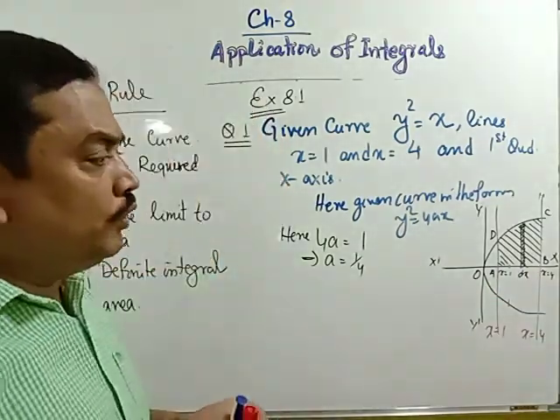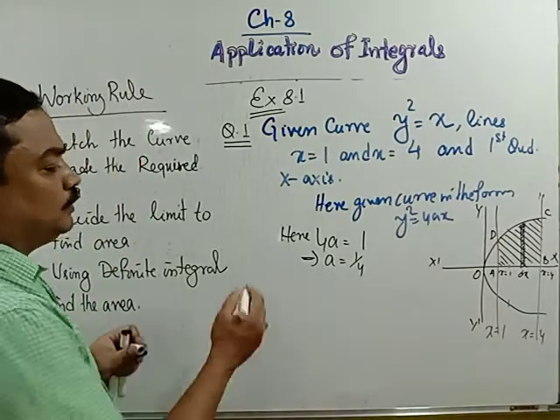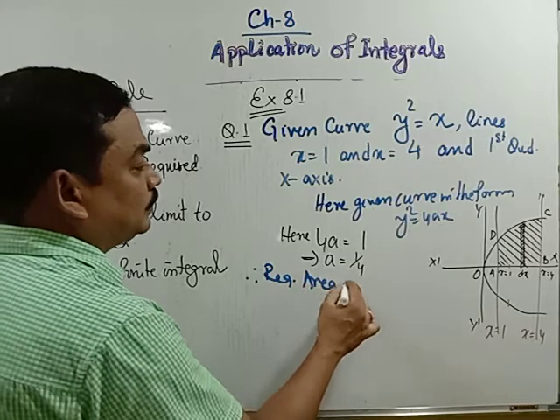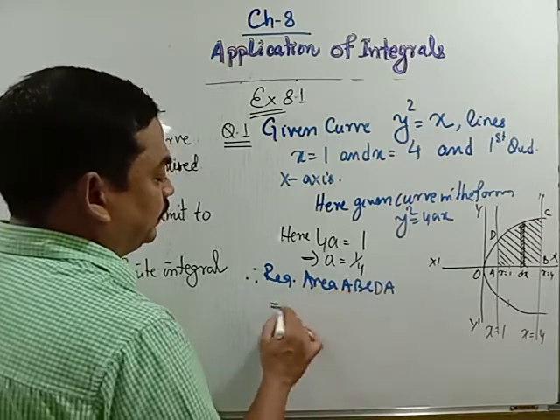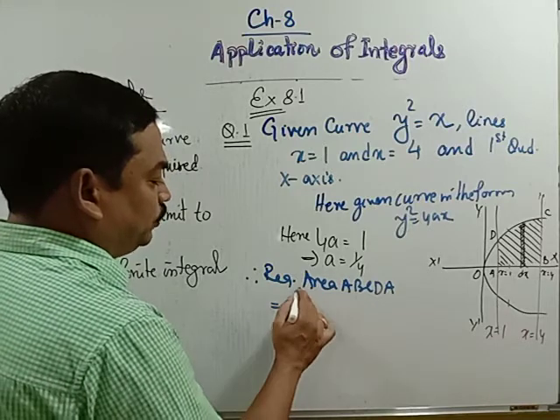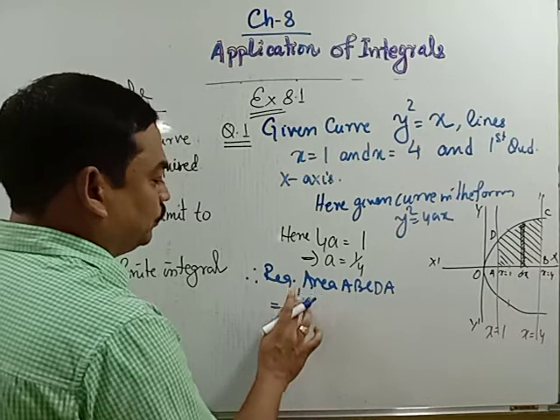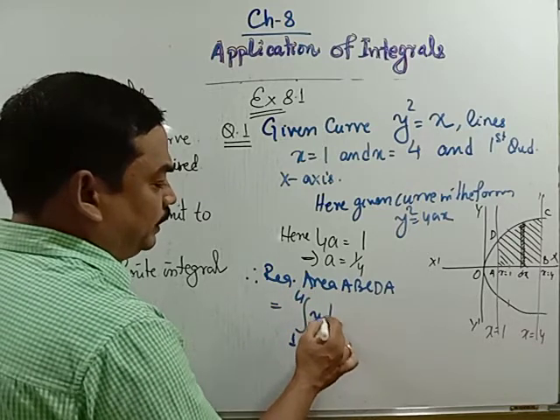So in this case the required area A, B, C, D is nothing but the integration from x equal to 1 to 4 of y dx.